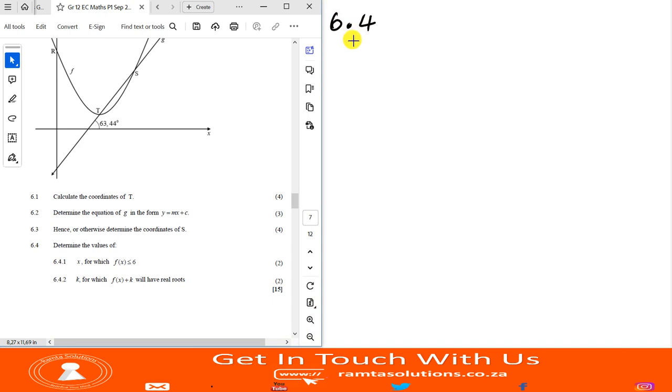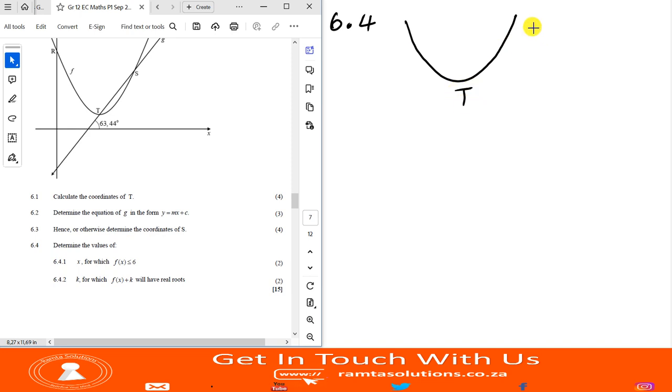6.4. It says, for which values of x will f of x be less or equal to negative 6? I want to show you something, guys. You see here we have something like this.